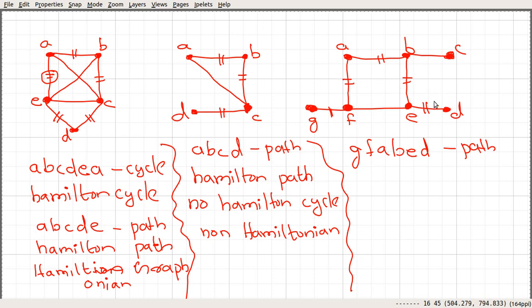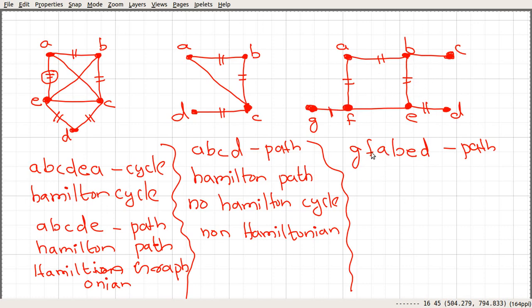And similarly, from D suppose that you want to go to C. In that case you have to move back along this edge, and if you move back along this edge, E will be repeated again. If you try hard, you can see that it is not possible to come up with a Hamiltonian path in this graph.